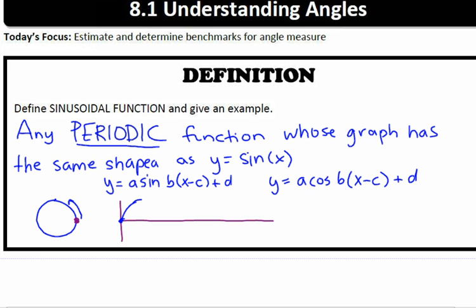So this is over time. And we get back down to the original height we left at, once we get to here. Then we're going to go below our original height, and then back to where we started. And so a sinusoidal function would look like this, and then it would just repeat itself, and so forth.